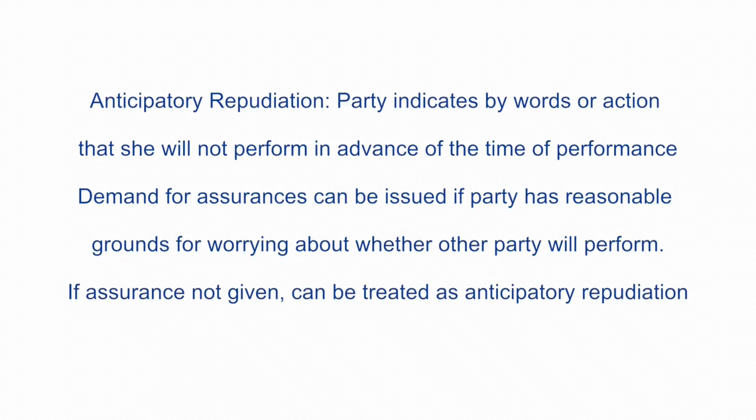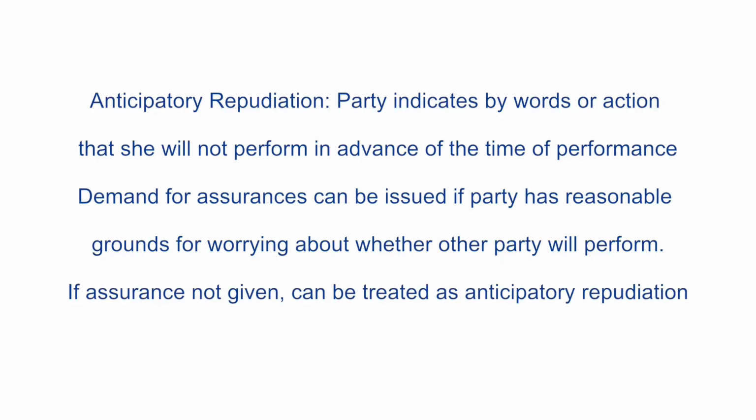I'm not going to be able to do this job at all. So forget it. That's called anticipatory repudiation. And in that situation, I can treat that as a total breach and go and seek alternative arrangements and potentially sue to the extent that I am harmed by your having repudiated.